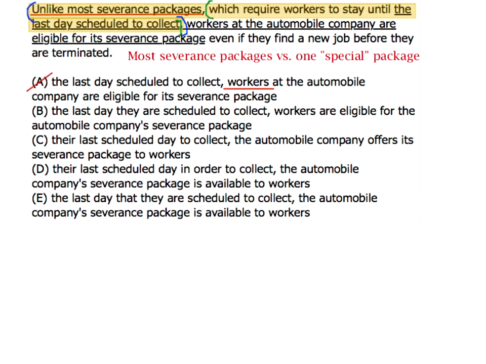It's not a thing. This is comparing severance packages to the automobile company. Nope, still not a thing. And then this is the auto company's severance package. Now we're talking. And so is this. So D and E do the initial modifier thing correctly. The other choices don't.